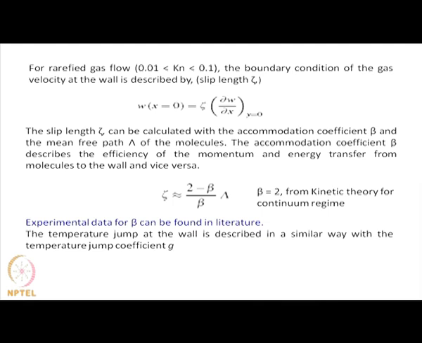And similar to the slip, there is also a temperature jump across the wall, so that the temperature at x equal to 0 is not Tw but includes G, which is a temperature jump coefficient like the coefficient zeta in the hydrodynamic case, times the gradient at the wall.